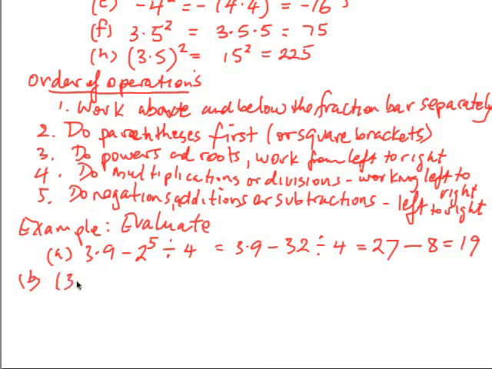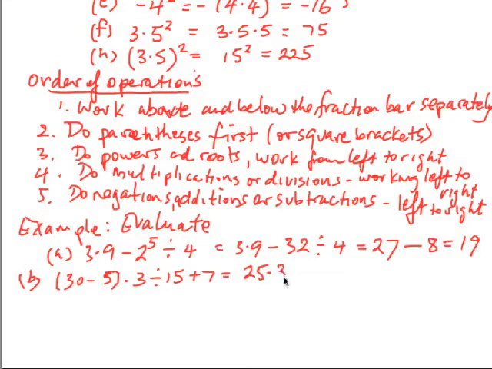Let's do 30 minus 5, and we have times that by 3, and we divide that by 15, and then we add 7. Alright, so parentheses first. 30 minus 5 is 25.